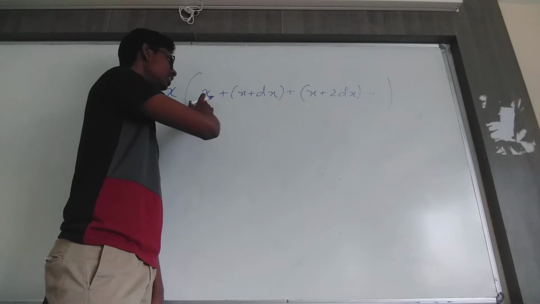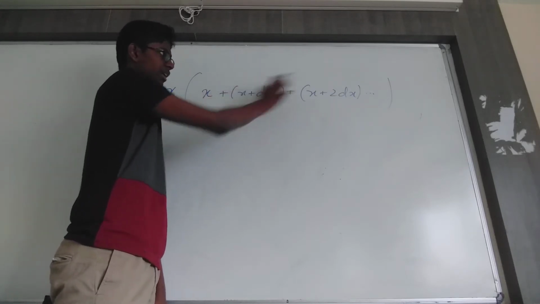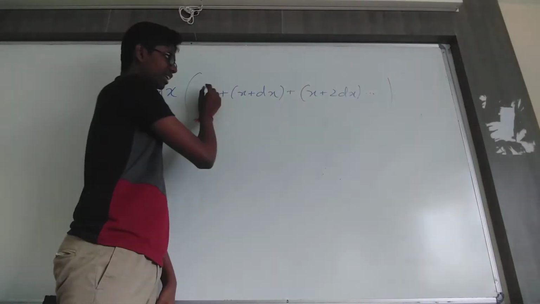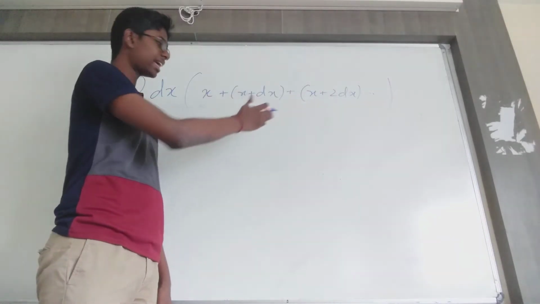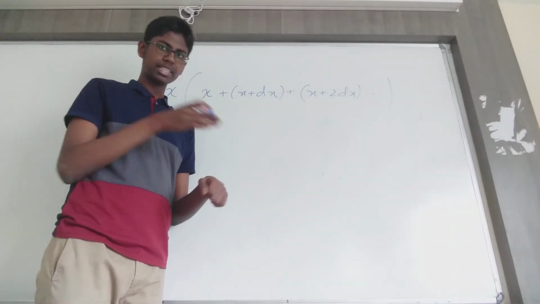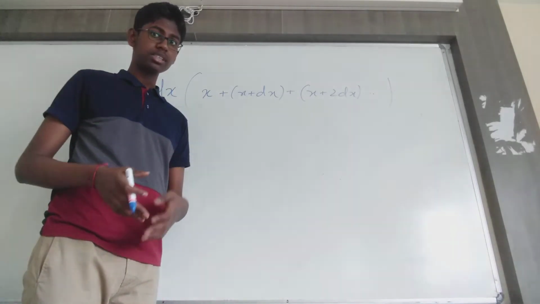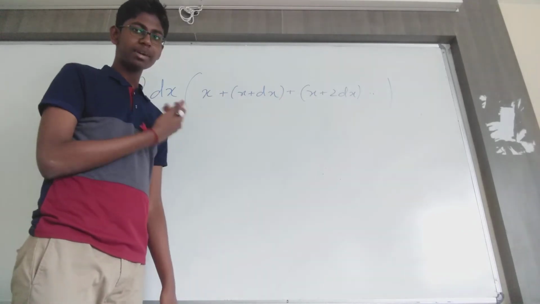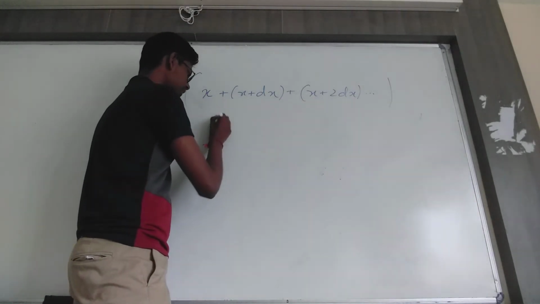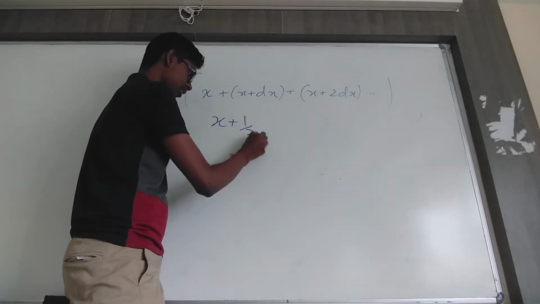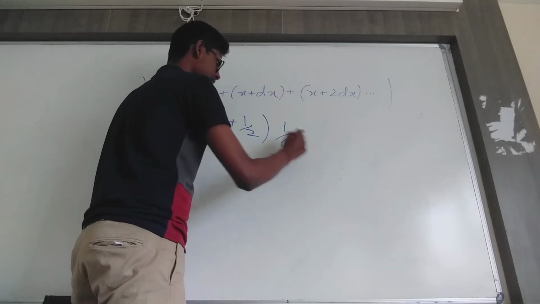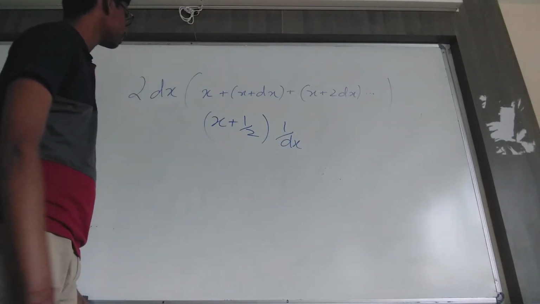The average of all of these terms as x goes from x to x plus 1, and all of these intervals are evenly spaced, is going to be in the middle of x and x plus 1. In other words, the average of all of these terms is going to be x plus half, and the sum of all of these terms is going to be x plus half times 1 by dx, because 1 by dx is the number of terms.